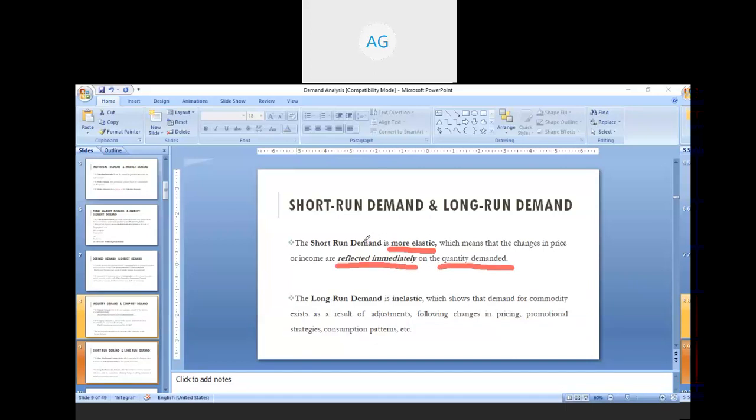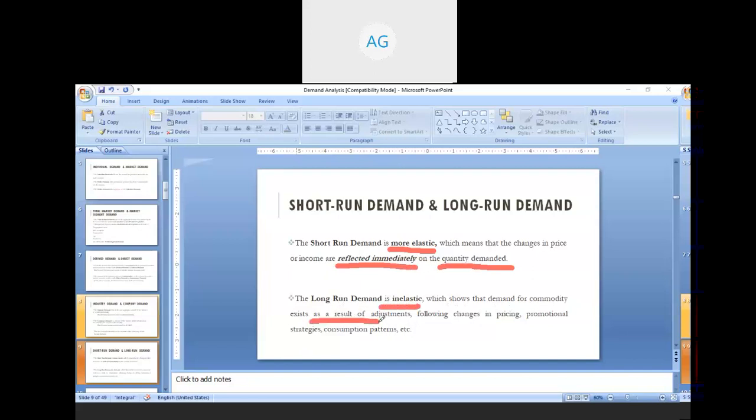So the short run demand is more elastic. It means if the price or income changes, it is reflected in the quantity of that demanded item.